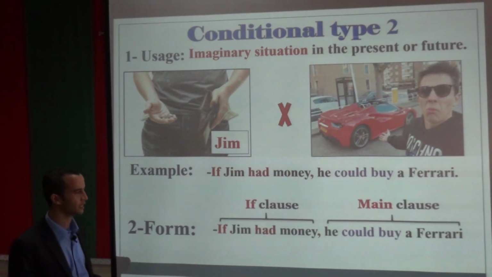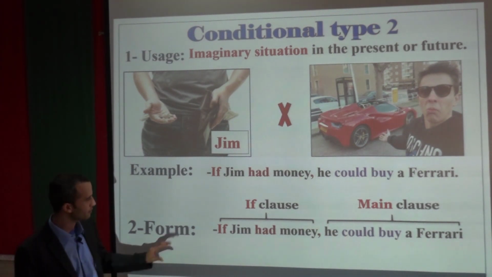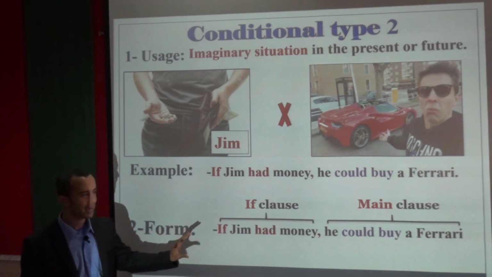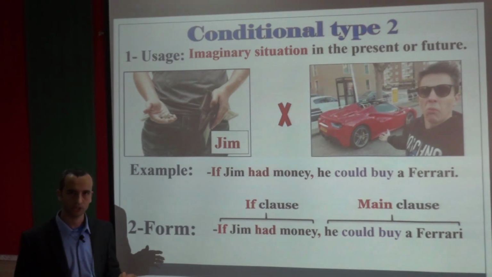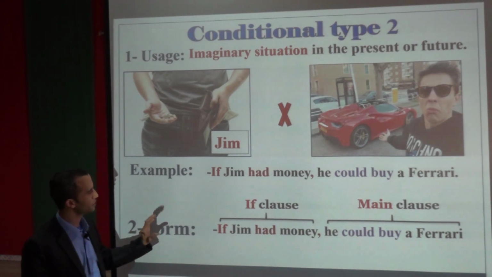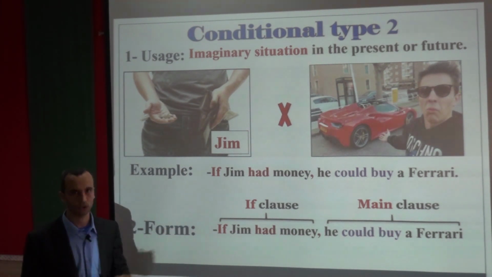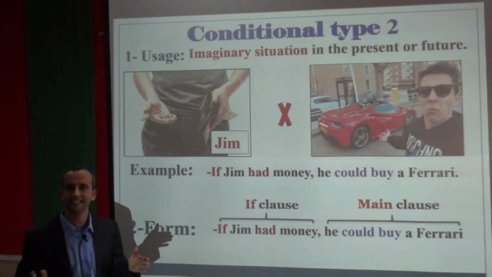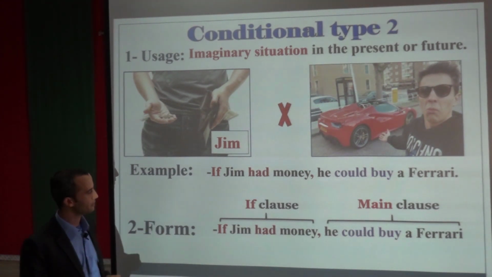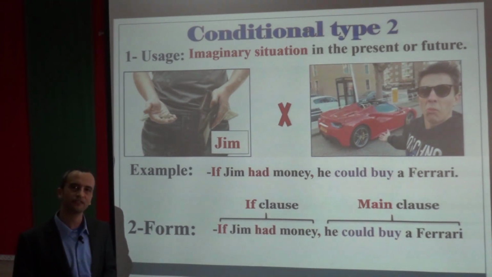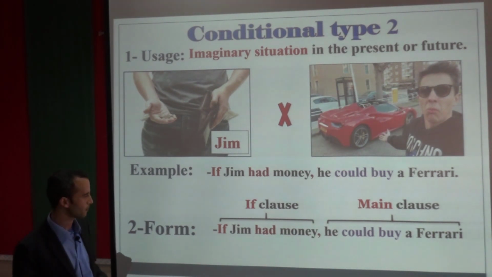So as you can see here, dear students, we have the if clause and the main clause. Remember, in all conditionals, there is the if clause and the main clause. They all have the same form, okay? Now let us discuss the tenses that we have here in this conditional.